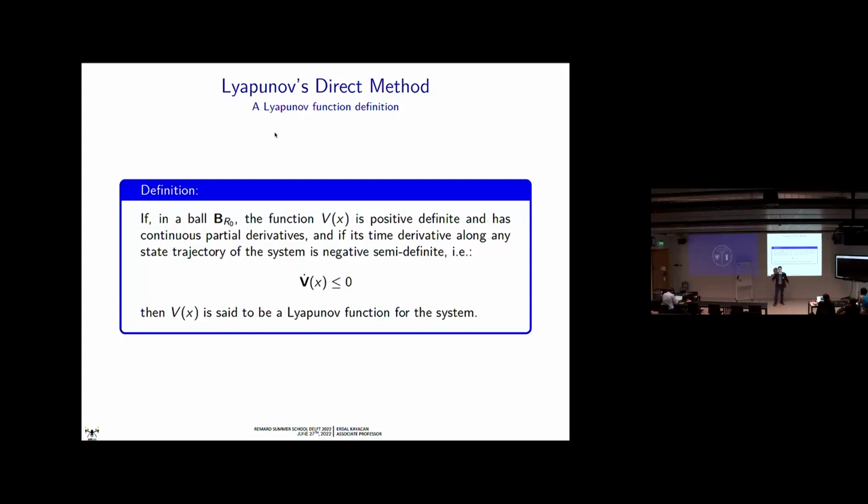It's the whole necessary and sufficient condition. Let's just read it. It's going to be positive definite, it will have continuous partial derivatives, and its time derivative is less than or equal to 0, then it is a Lyapunov function for this system. Something like x1 squared plus x2 squared. I mean, you can suggest an infinite number of functions.